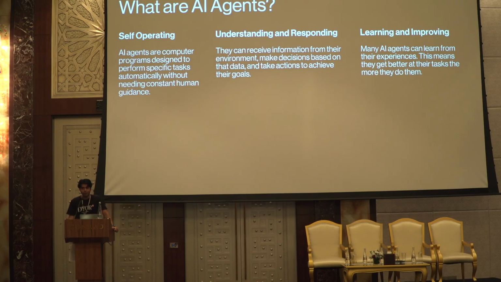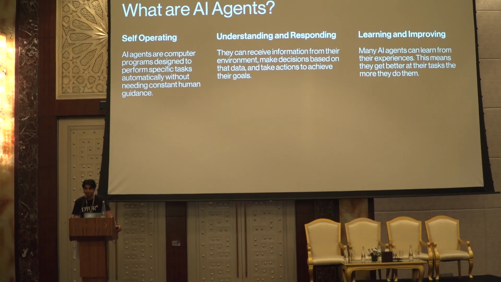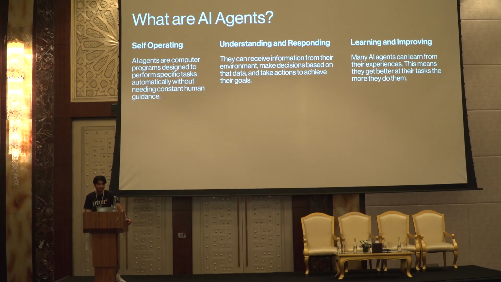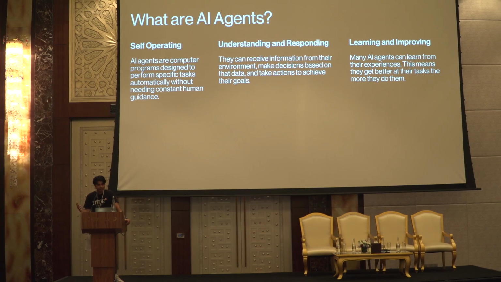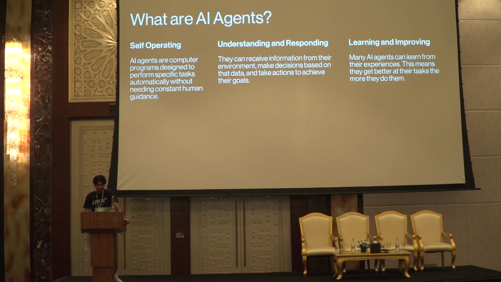So how many of you are aware of AI agents, or have heard the word so far on Twitter? Can I get a quick show of hands, please, if you have heard what AI agents are and what they do? Perfect. I think you all know what they are. But just for the sake of it, AI agents are pretty much self-operating systems. They don't really need much human intervention.